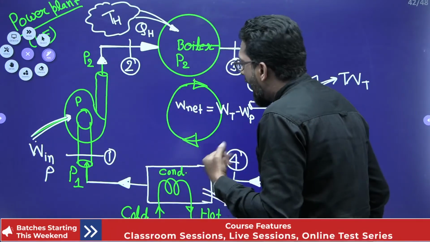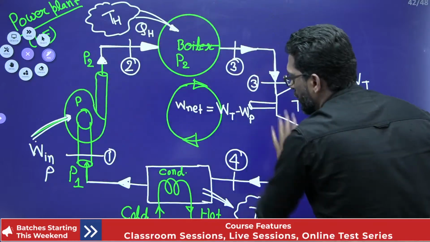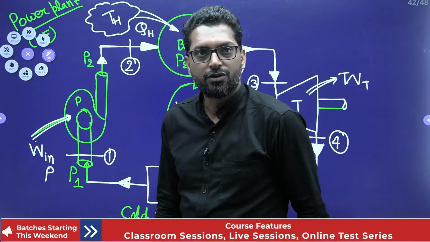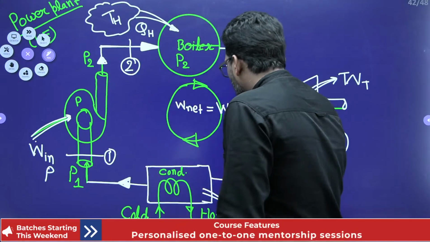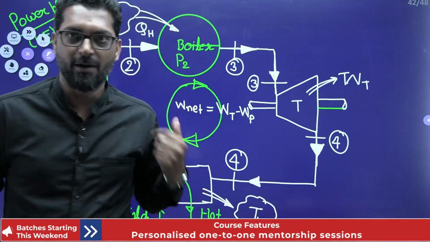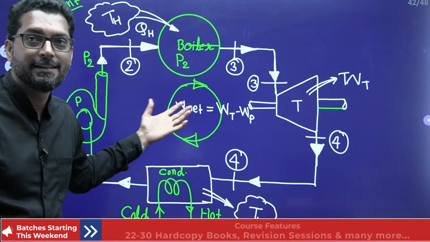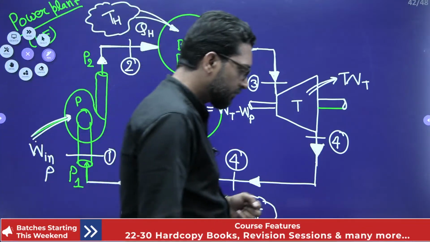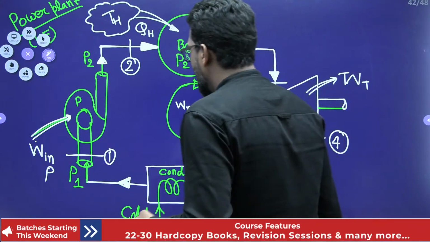And this is modeled as a closed system, and all the processes are reversible. So it is modeled as a Carnot cycle.